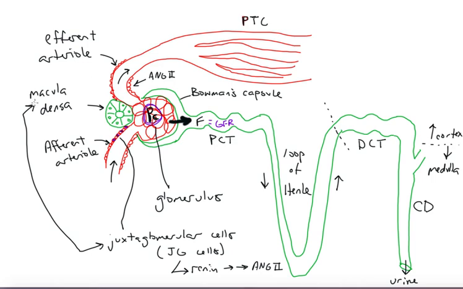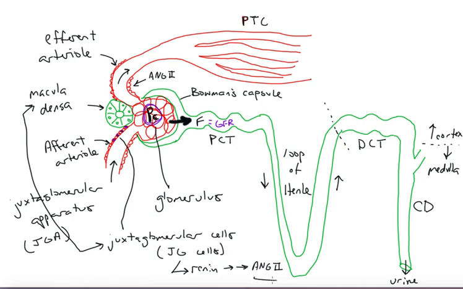Now, what I was doing with this labeling is that this whole thing is called the juxtaglomerular apparatus, or shorthand JGA. The JGA is the macula densa plus the JG cells, all working together to either locally or hormonally control GFR: locally through paracrine factors, hormonally through angiotensin 2.